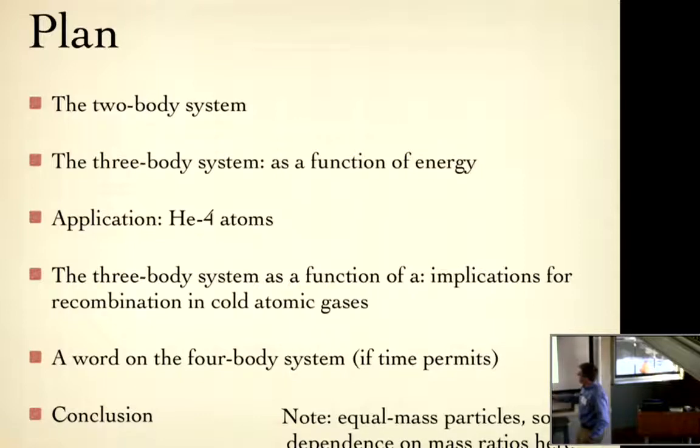We're going to talk about an application that I think some of you will be familiar with, which is dimers and trimers of helium-4 atoms. And then we'll look at what happens when you take this analysis and extend it to systems, the systems that we've been talking about this week, in which the scattering length is varying. And then if time permits, I'll say something about the four-body system from the perspective of these connections between nuclear physics and atomic physics.